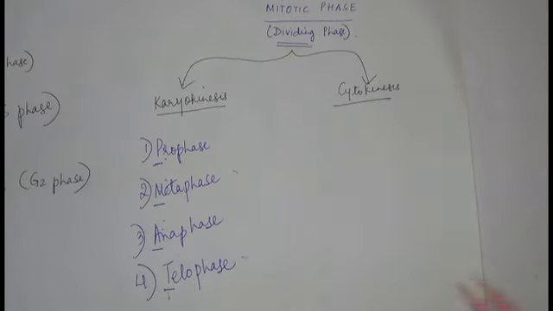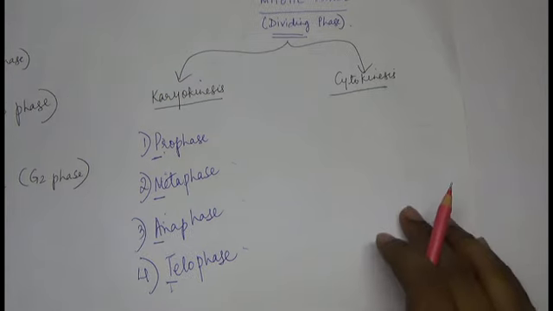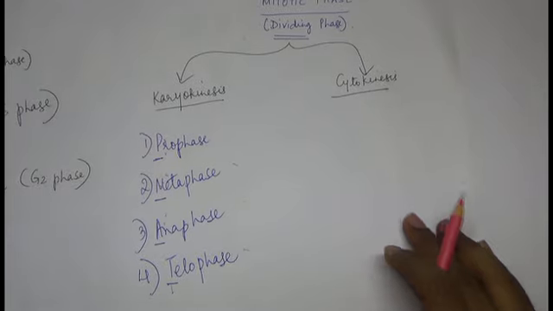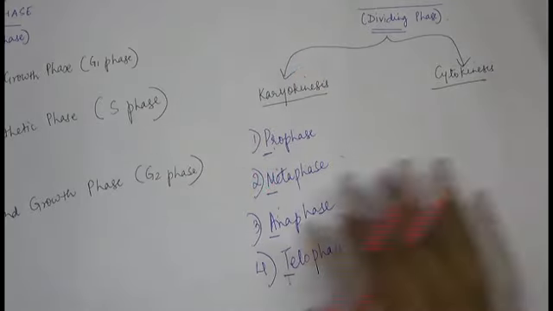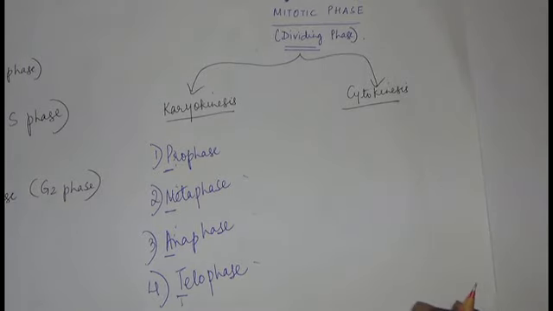Coming to cytokinesis or cytoplasm division. Now this cell division is valid both for animals and for plant cells. All of these steps, the interphase, karyokinesis, all of this is more or less same for animal as well as for plant cells.